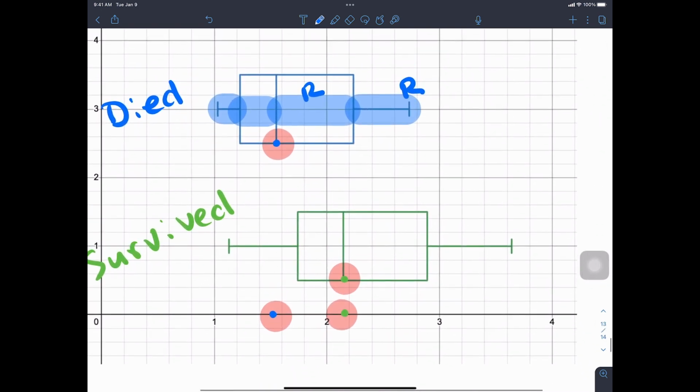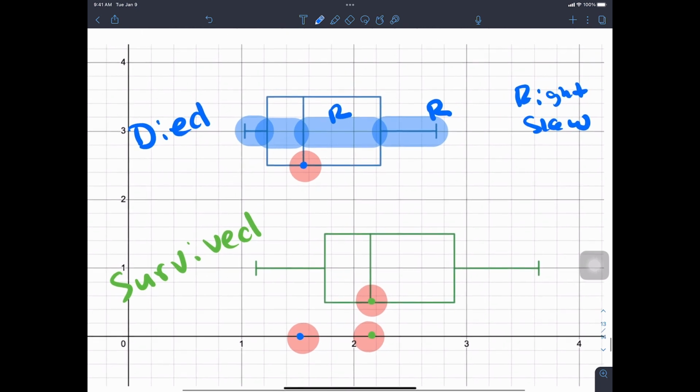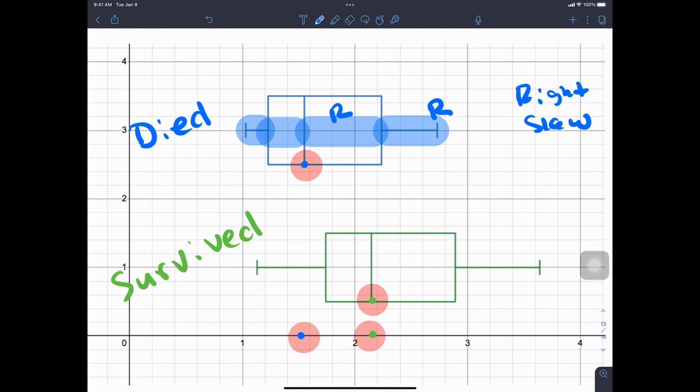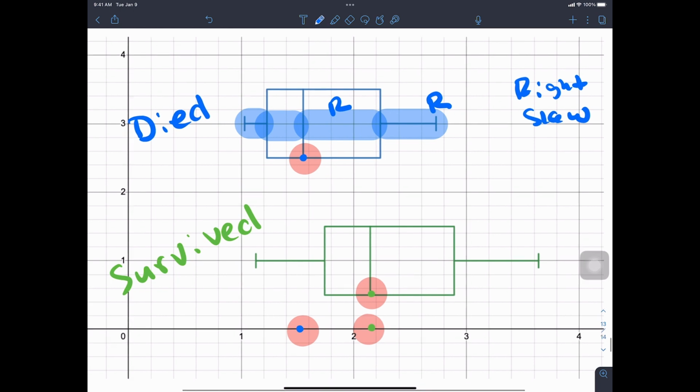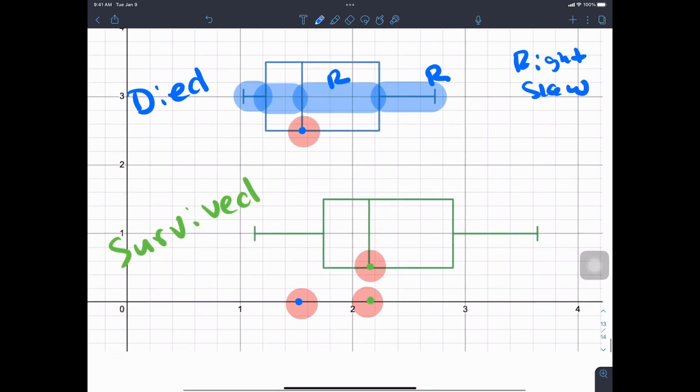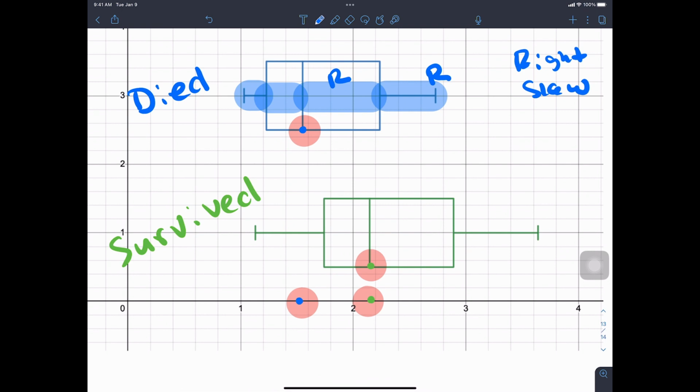This is right skewed. So the distribution is right skewed. Most of the data is on the left. So not only, ladies and gentlemen, are the weights smaller for those who died, most of the weights are even to the left of that value. You guys see what I'm saying? That's how you think of that.